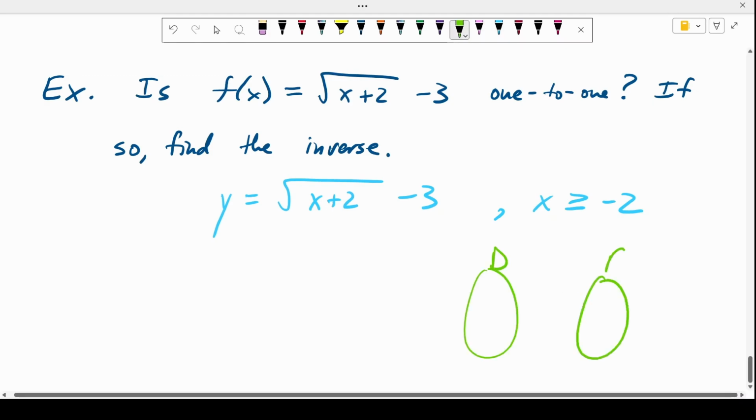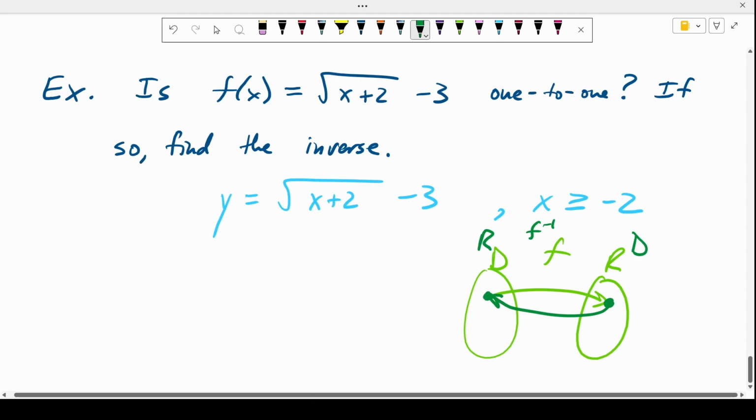F is going from the domain to the range. F inverse picks up every range value and brings it back to the domain. So in other words, the domain of F is the range of F inverse. And the range of F is actually the domain of F inverse.